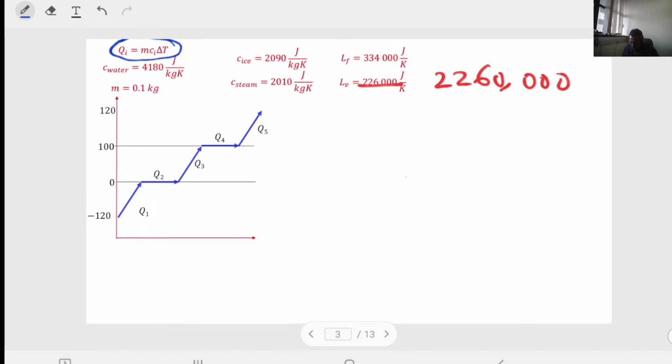Q1, let me go through. Q1 is equal to mass times c of the ice times delta T, mc delta T. M is 0.1. I just put a number here.